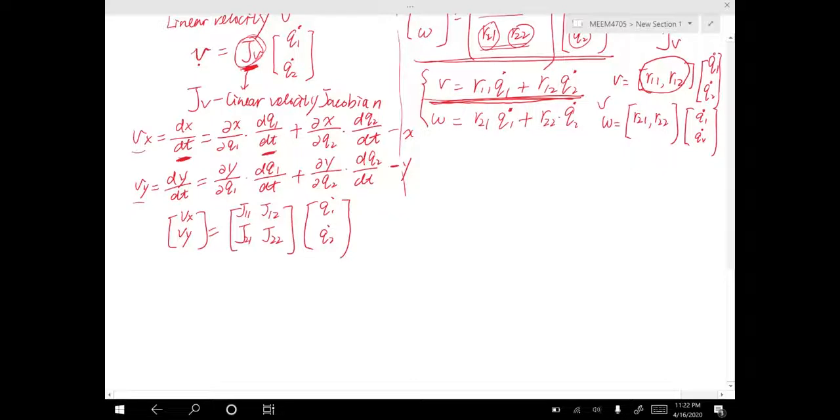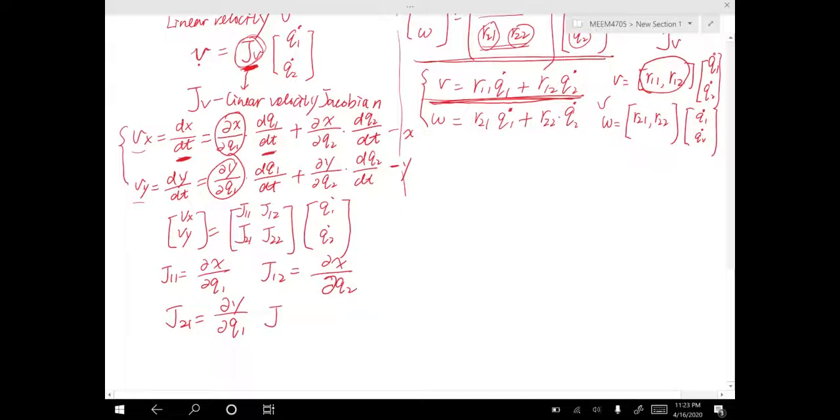Again, these two equations and this matrix format should be equivalent. So my J11 is dx over dq1, because this is Q1 dot, and my J12 equals dx over dq2, my J21 equals dy over dq1, which is this term, and my J22 is this term, dy over dq2.